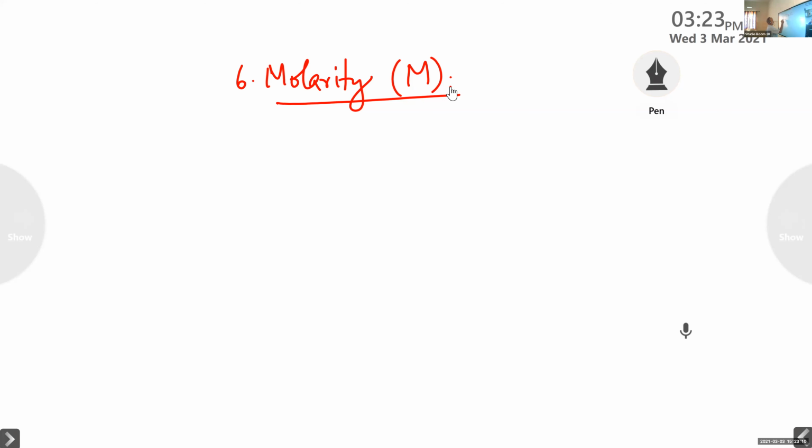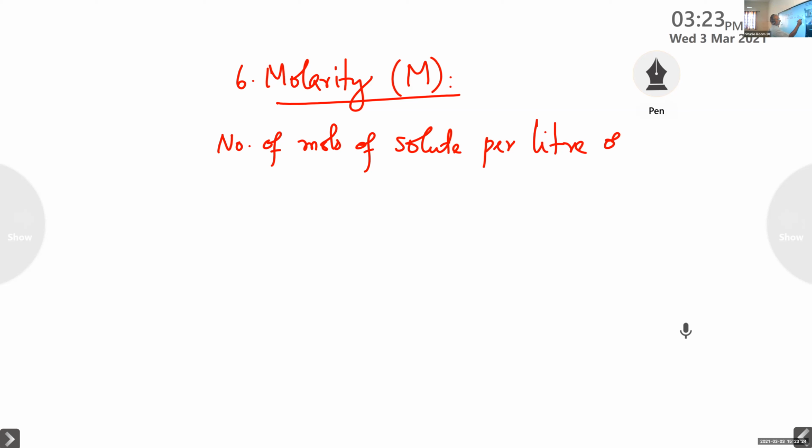So molarity is number of moles of solute per liter of solution. Number of moles of the solute per liter of the solution, that is molarity. So, the relation used is this.